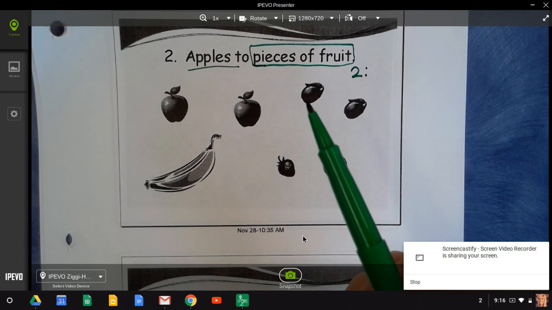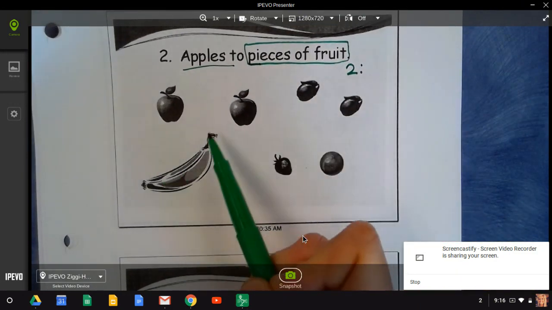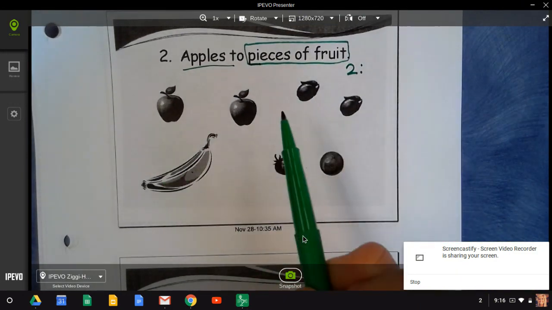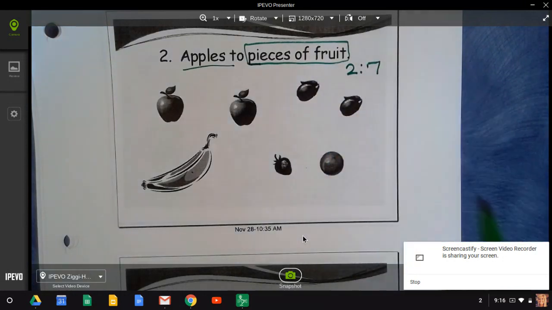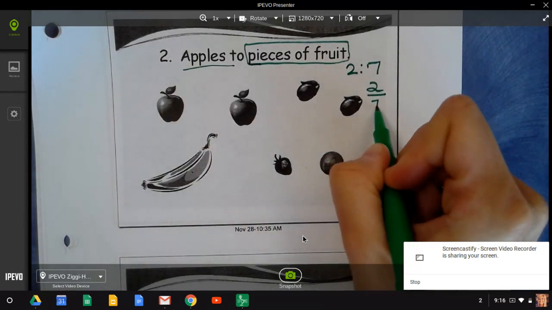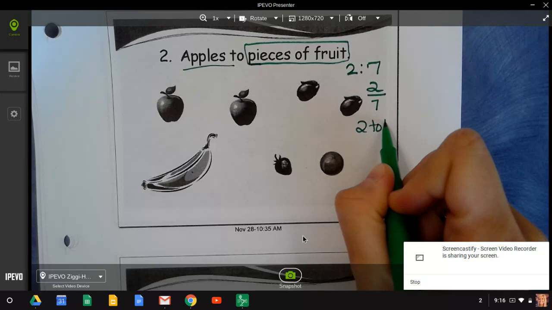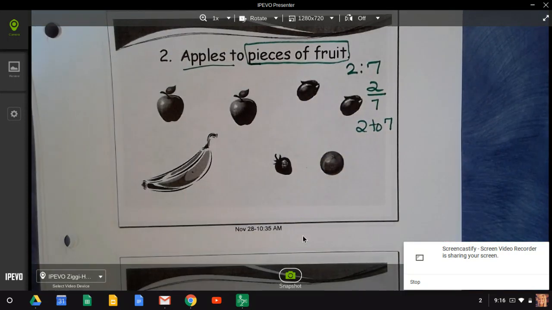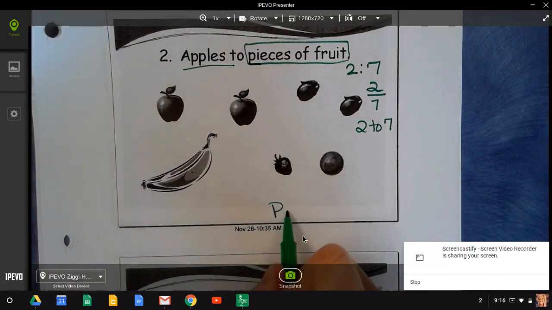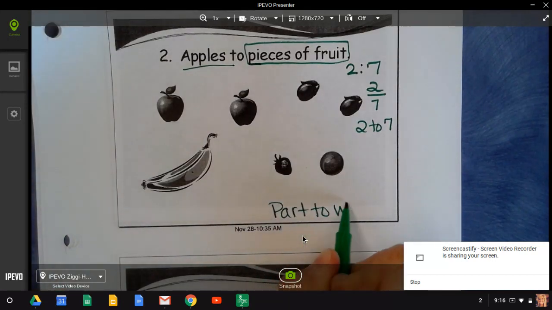It does, because an apple is a piece of fruit. So we have 1, 2, 3, 4, 5, 6, 7 pieces of fruit, and that's what goes here. We write that 3 ways. And now we say what kind of relationship this is. And because it's apples to all of the fruit, it is a part to whole relationship.